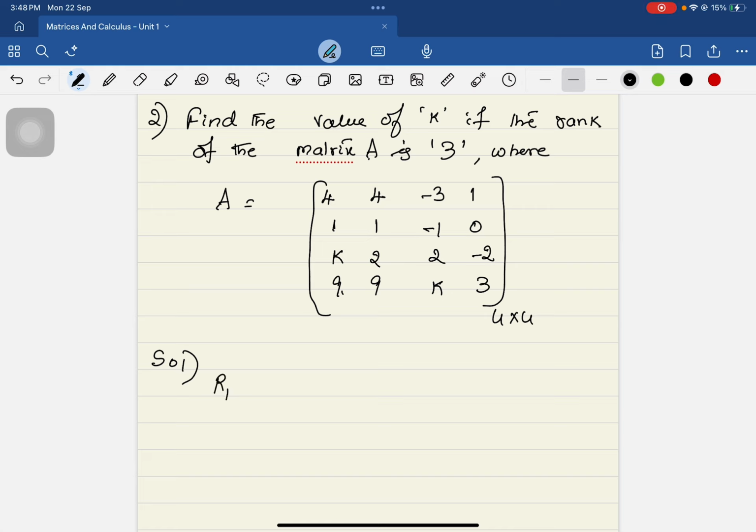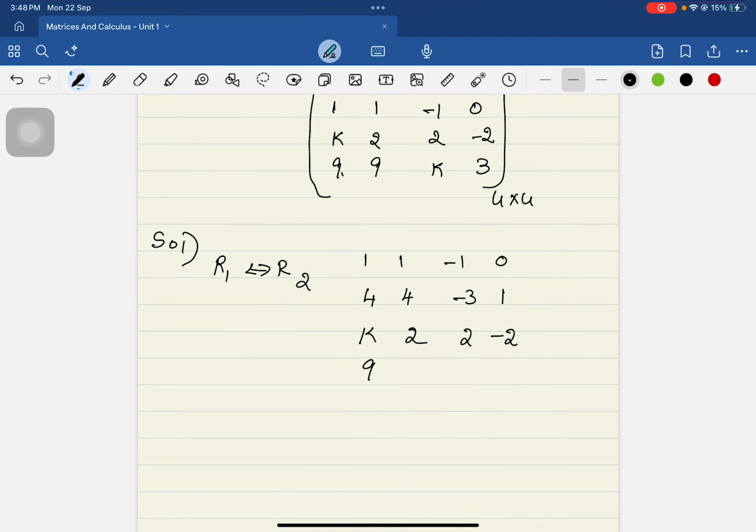R1 interchanged with R2, what we get is 1 1 minus 1 0, 4 4 minus 3 1, and then k 2 2 minus 2, and then 9 k 3. So this is the matrix.